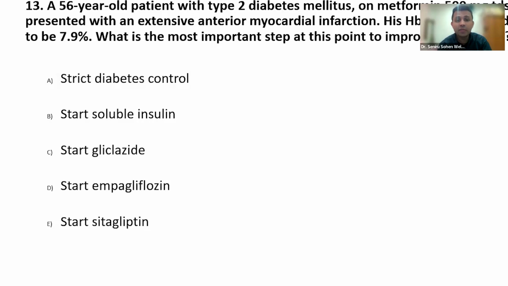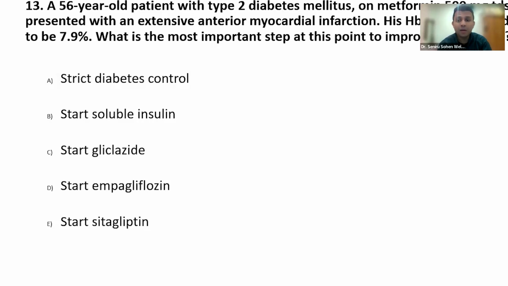Strict diabetes control, yes, of course that is important, but it will be helpful in preventing another myocardial infarction, not this one. Start soluble insulin looks like a very good option because we can tightly control the patient's blood sugars. Start gliclazide can be a good option, but will not have a survival benefit on this patient's cardiovascular status. Start sitagliptin would be the same.